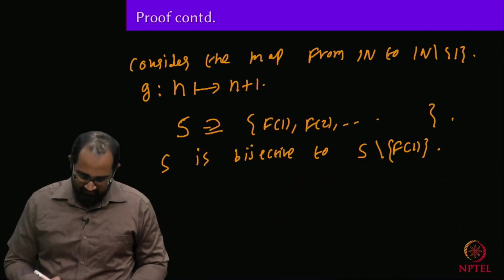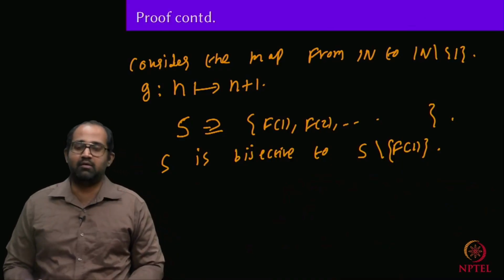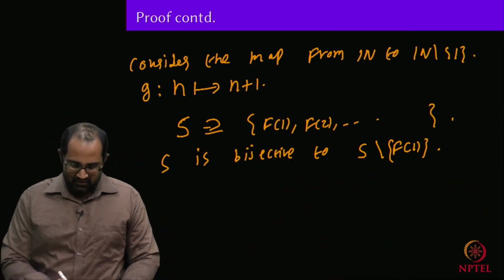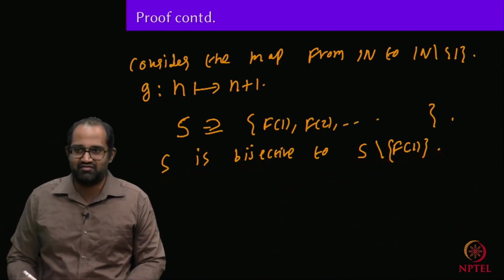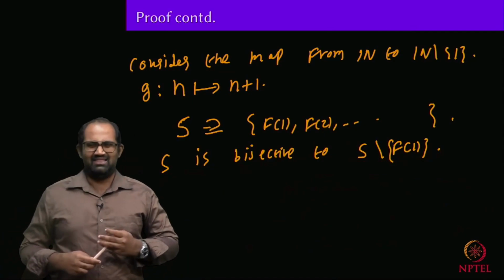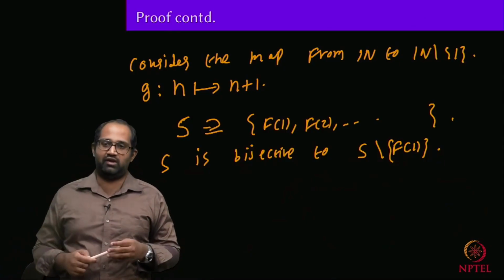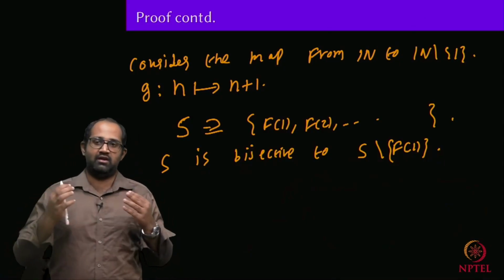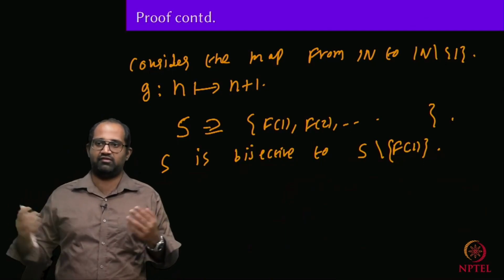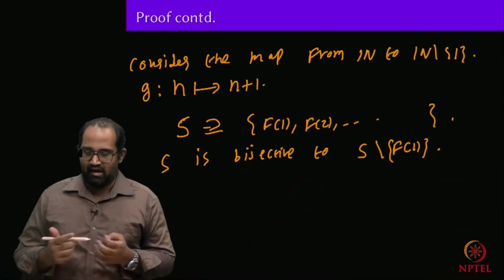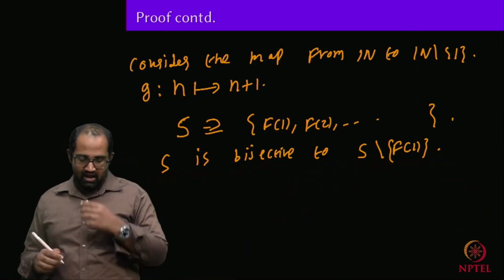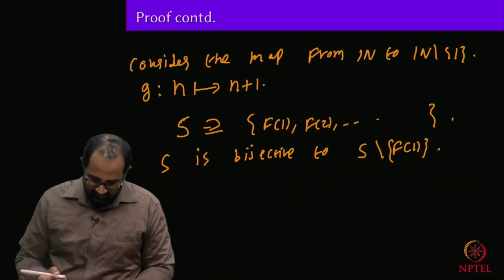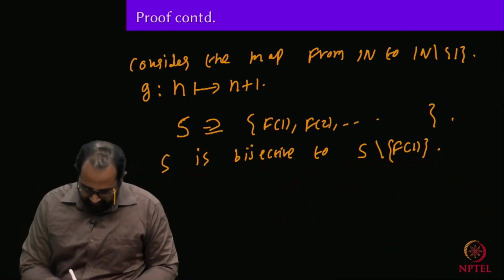You might have noticed I am using a little bit of loose language, since it doesn't really make sense to say S is bijective to S minus f of 1. That's just an elaborate shortcut to say that there is a bijection, call it H, from S to S minus f of 1. How do you construct this bijection? I define it in pieces.